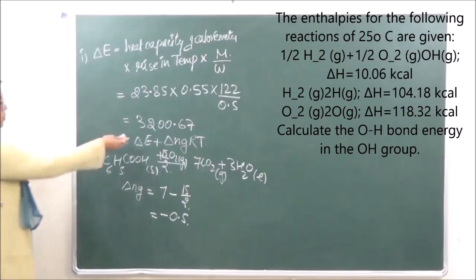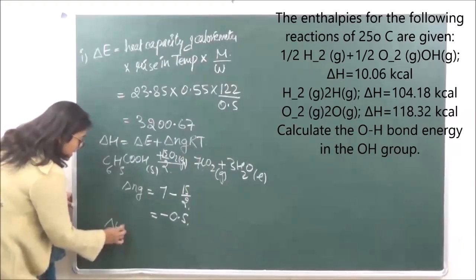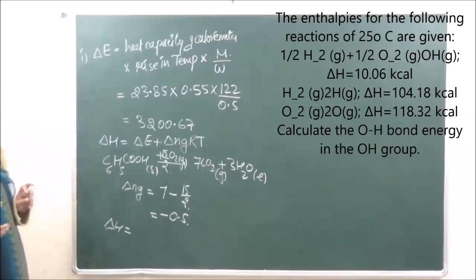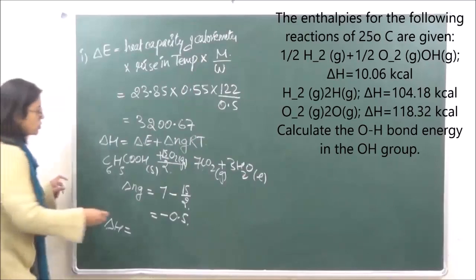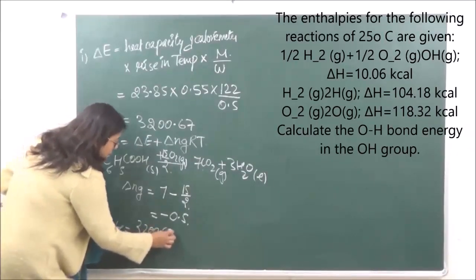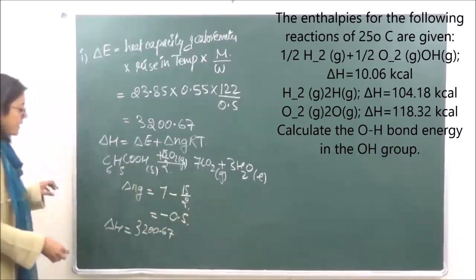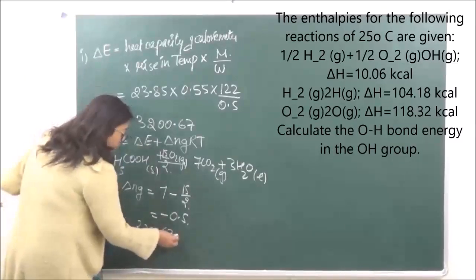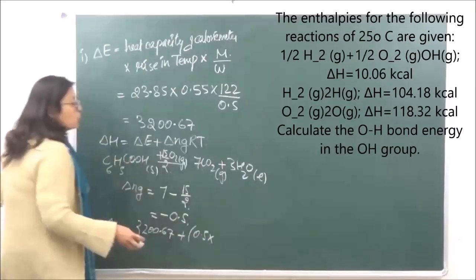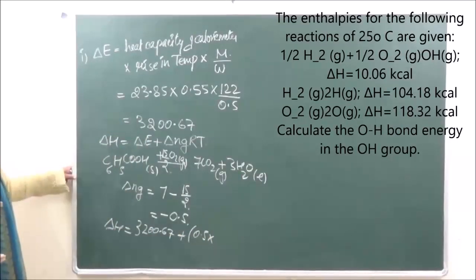Okay? So let's put the values. Delta H will become equal to delta E, which is 3200.67, given to us in kilojoules, into delta, plus delta Ng which is 0.5, into R. In joules the value of R is 8.314, so you have to convert it into kilojoules.